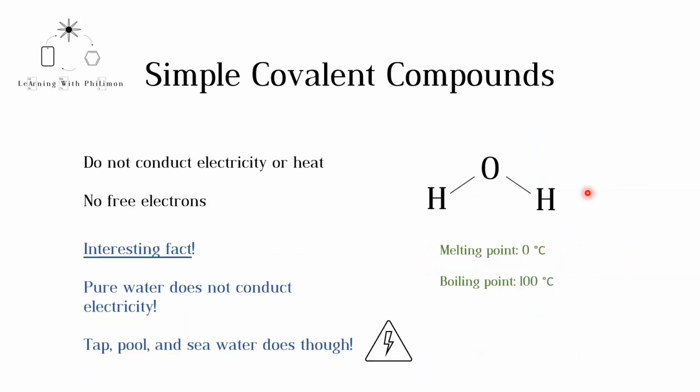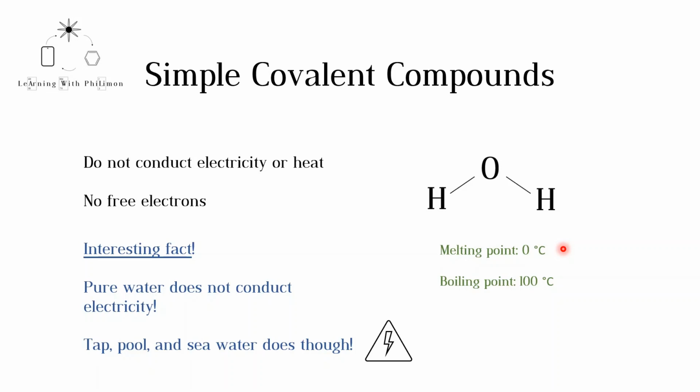Water is a good everyday example of a simple covalent compound. Water consists of an oxygen atom covalently bonded to two hydrogen atoms. See the covalent bonding video for more on why this is the case. Water is a solid ice below 0 degrees Celsius. At 0 degrees Celsius, ice melts, so at room temperature, 25 degrees Celsius, water is a liquid.